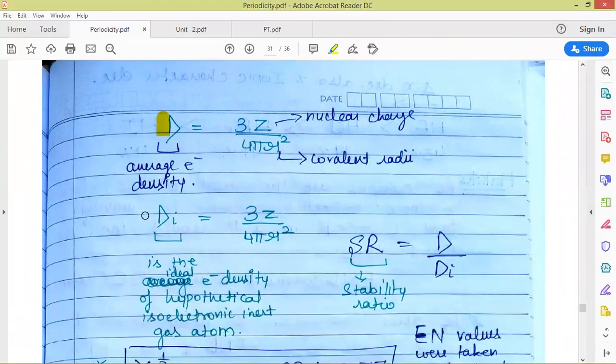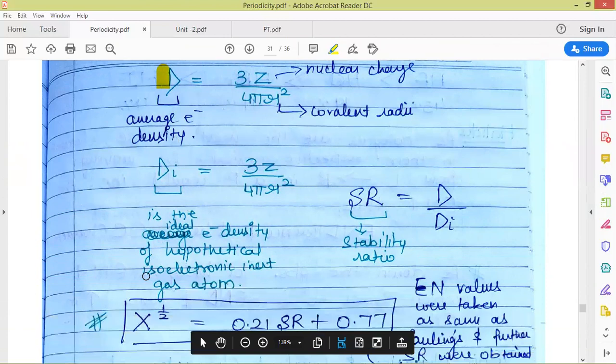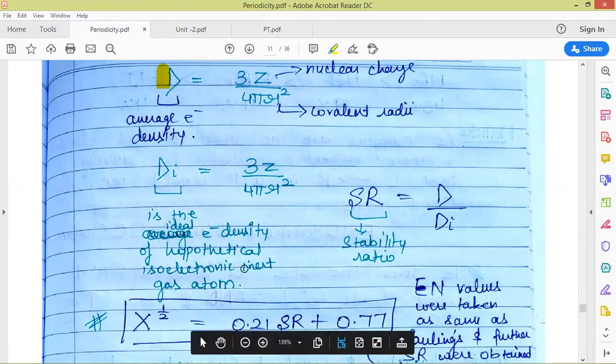He related the average electron density with the ideal situation where Di represents the electron density of a hypothetical isoelectronic inert gaseous atom. If the element we are talking about is a noble gas, or has the configuration of the noble gas, then that is the hypothetical situation for which density was represented with Di.